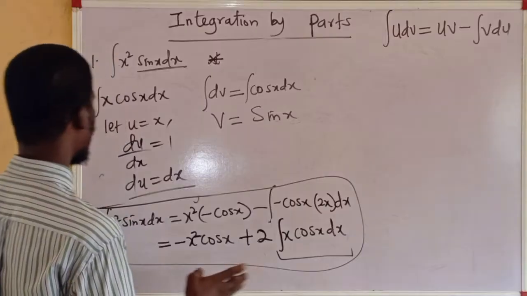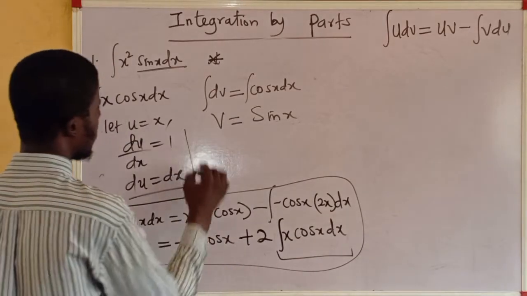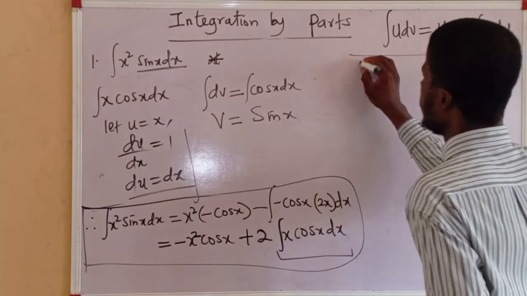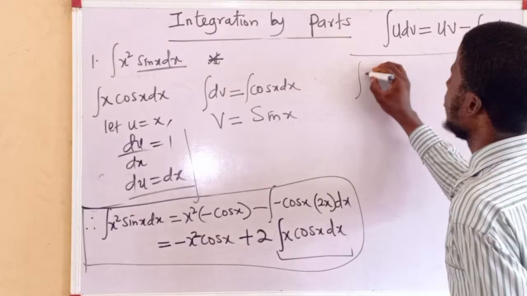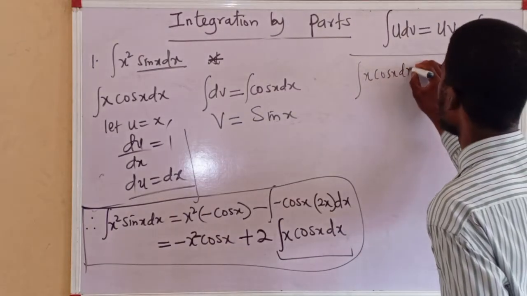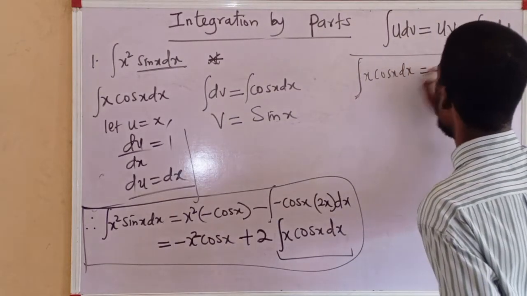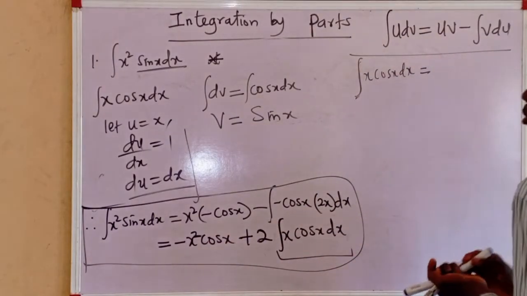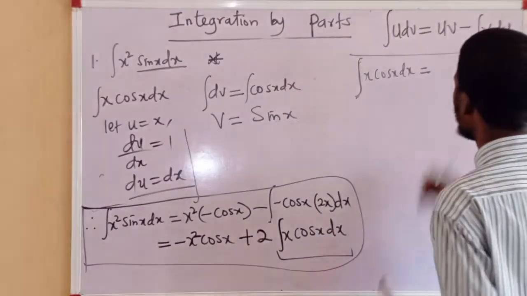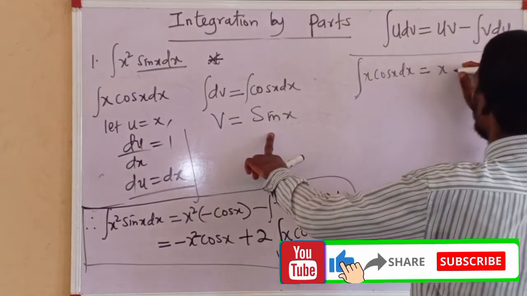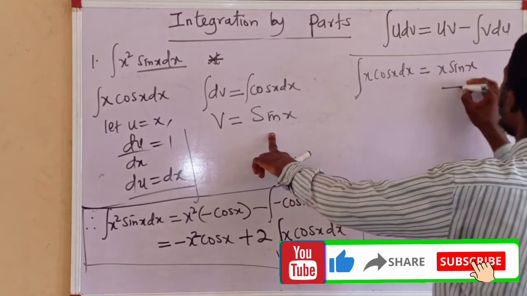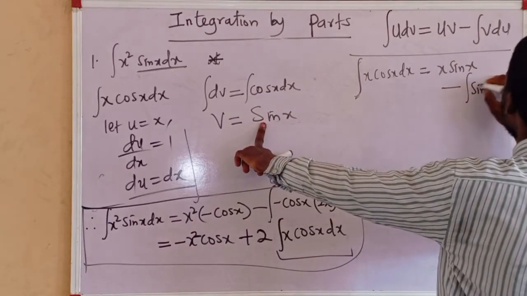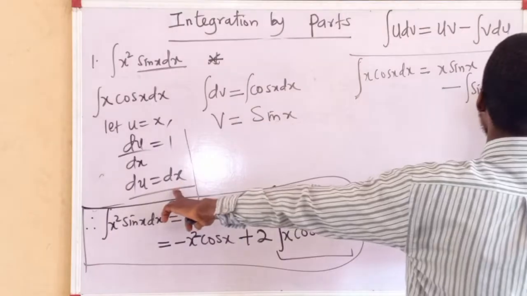So if we apply the integration by parts formula on this, it means that the integral of x cos x dx is equal to, the formula says, uv minus the integral of v du. So what's our u here? u is x. What's v? sin x. Minus the integral of v, which is sin x, and what's du? dx.